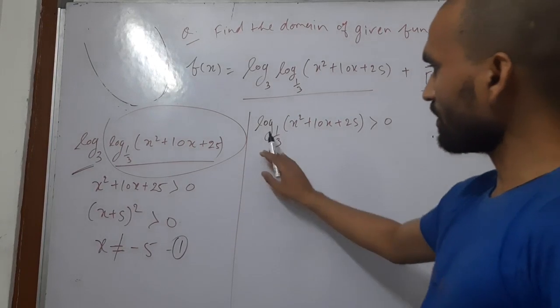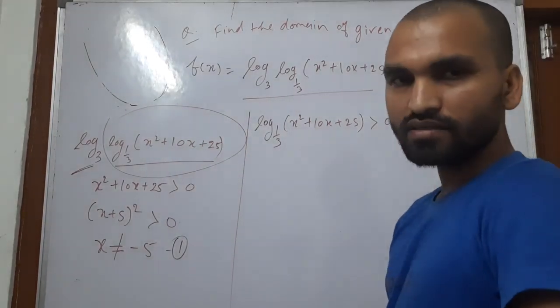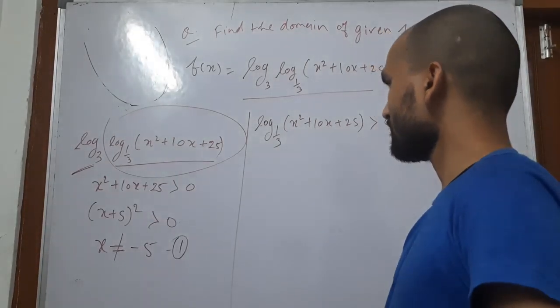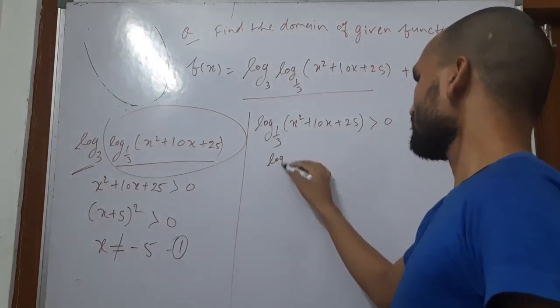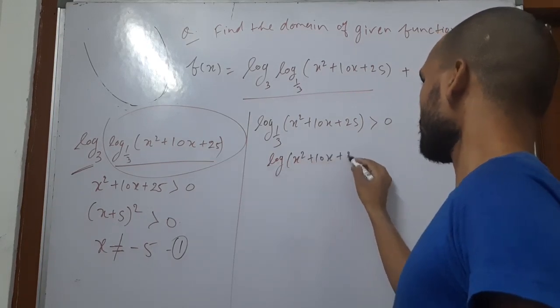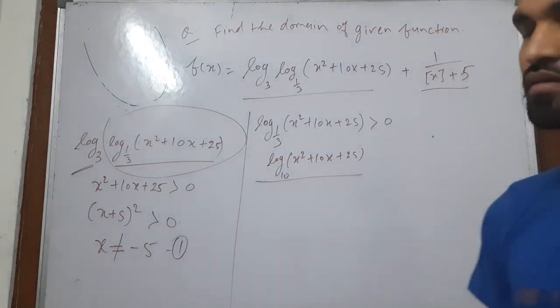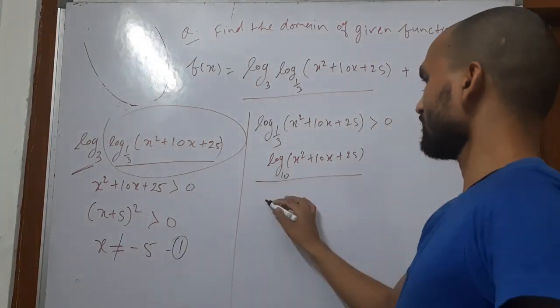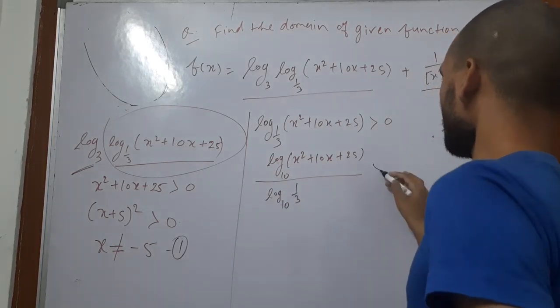As it is log at base 1/3, we should convert it to another base that is greater than 1. So we write x square plus 10x plus 25 converted to base 10, which will be log of the value at base 10 divided by log 1/3 at base 10, greater than 0.